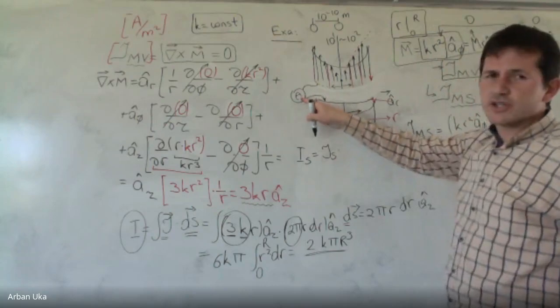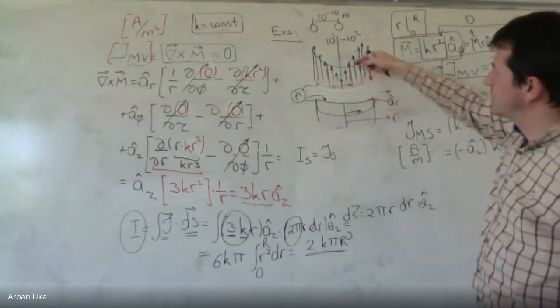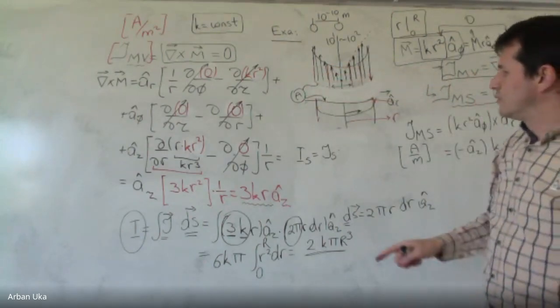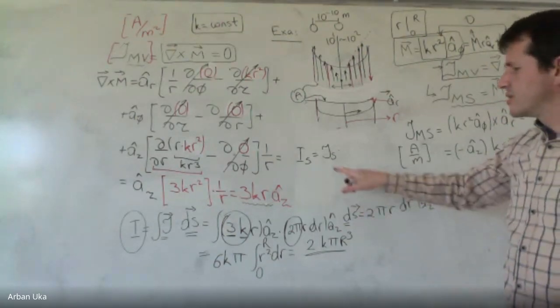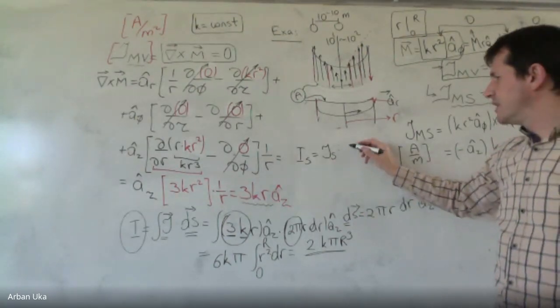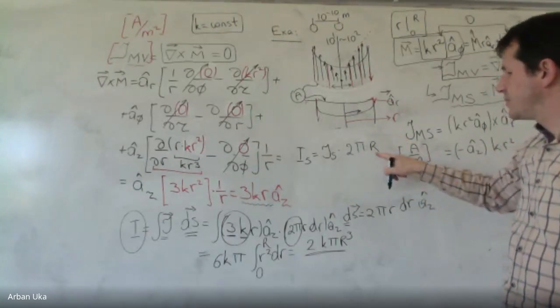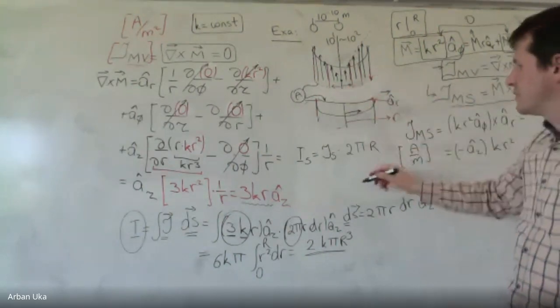What are you going to measure here through this ammeter? So in order to measure the current, you cut it somewhere, pass the current through, find out what it is. So what is that current? This is Js times a length, which in this case is going to be equal to 2 pi r. And it is the capital R, because this current is right at the edge where we have the capital R.